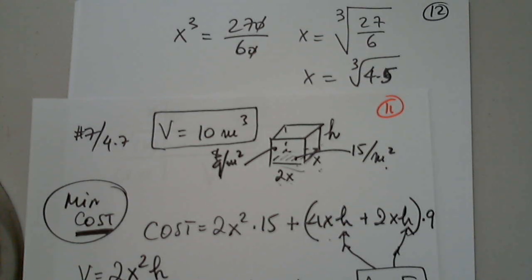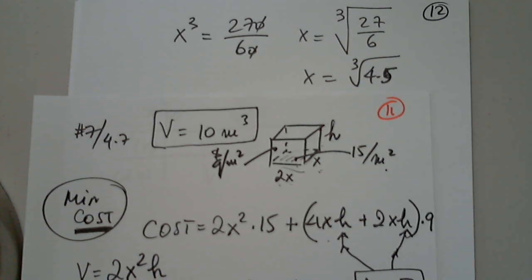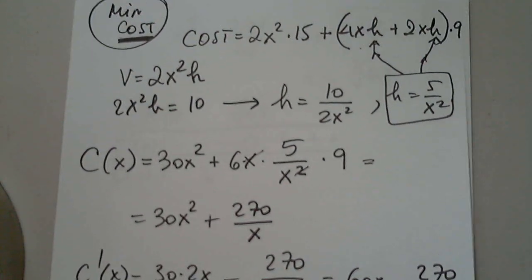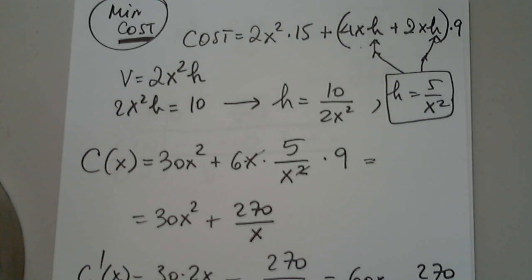Okay, so I go to the graphing calculator, and in y equals, my function is 30x squared plus 270 divided by x.